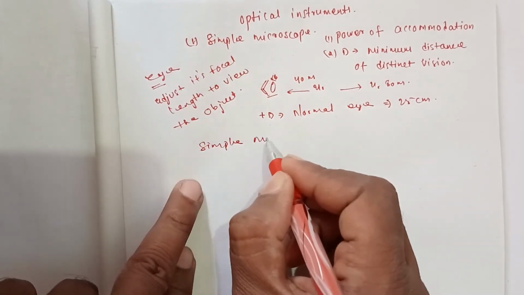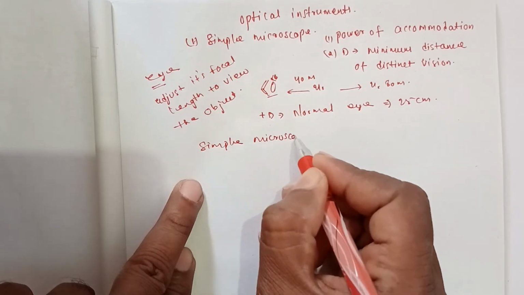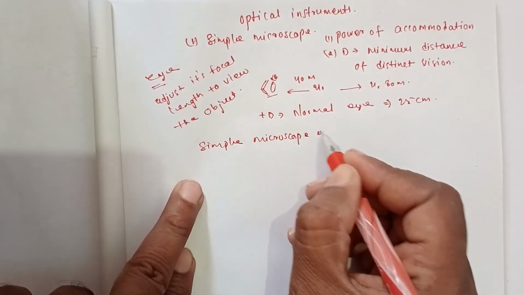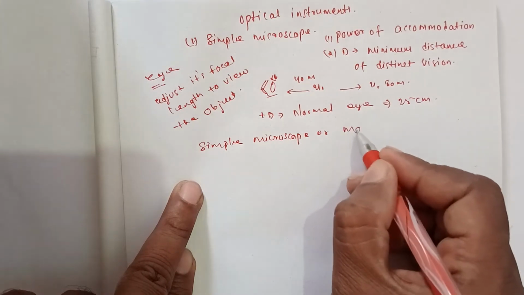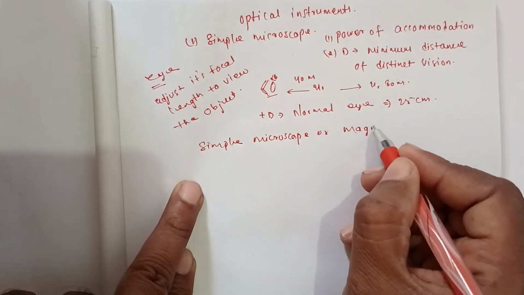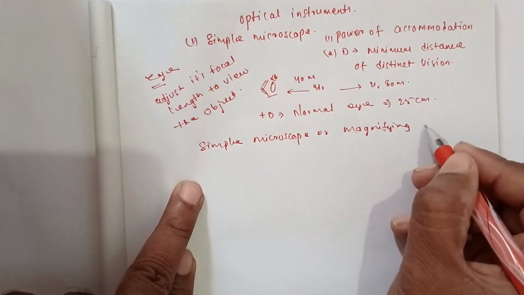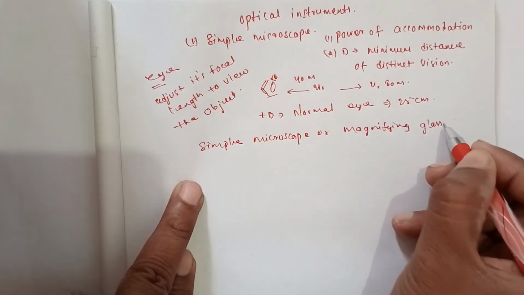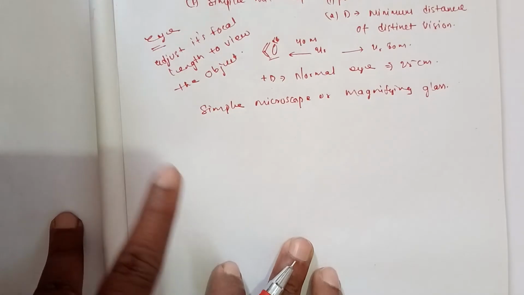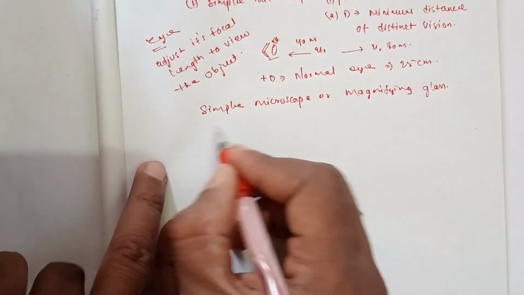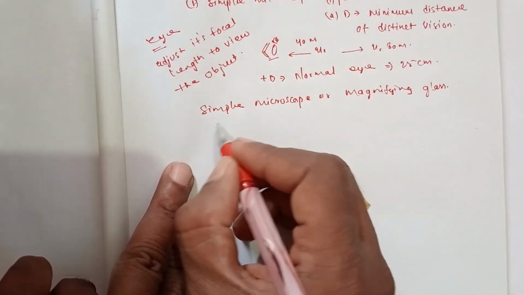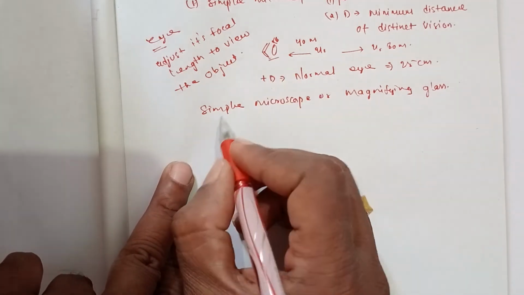Simple microscope or magnifying glass. The main objective is to increase the visual angle.